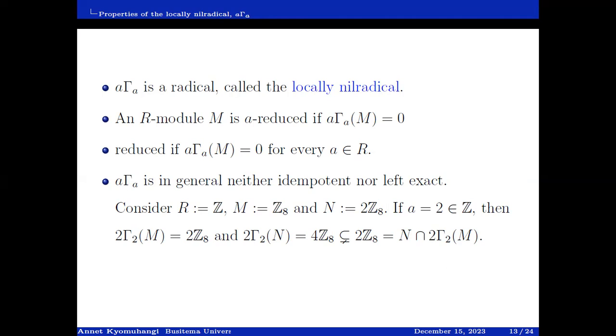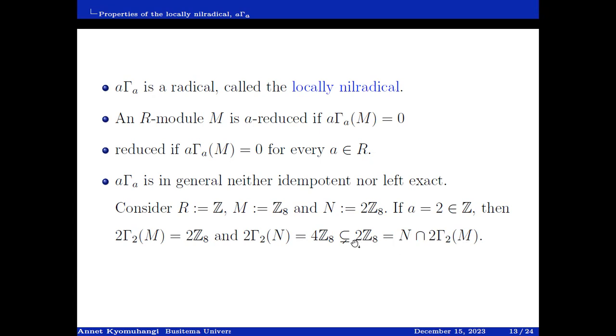If we take a ring to be Z and another module, which is now the Z module Z8, and its submodule to be 2Z8, then if we consider an element 2, applying our property for left exactness, we find that 2 gamma 2 into 2Z8 is actually equal to 4Z8, which is contained in 2Z8, that is equal to N intersection 2 gamma 2 Z8.